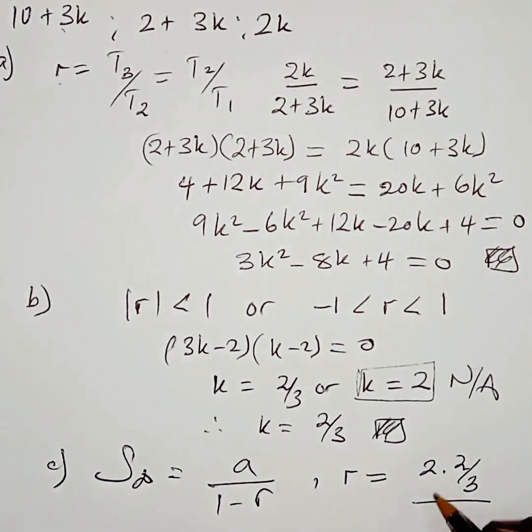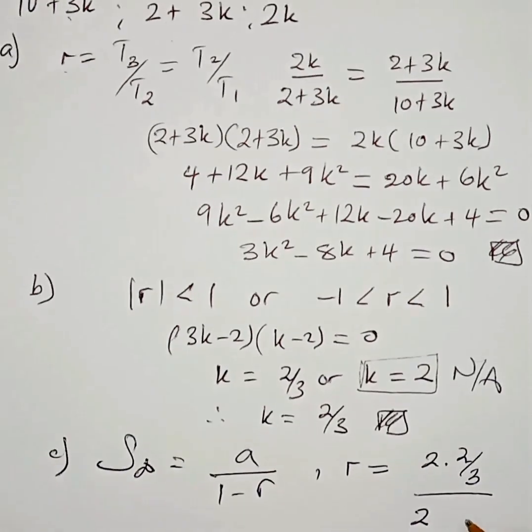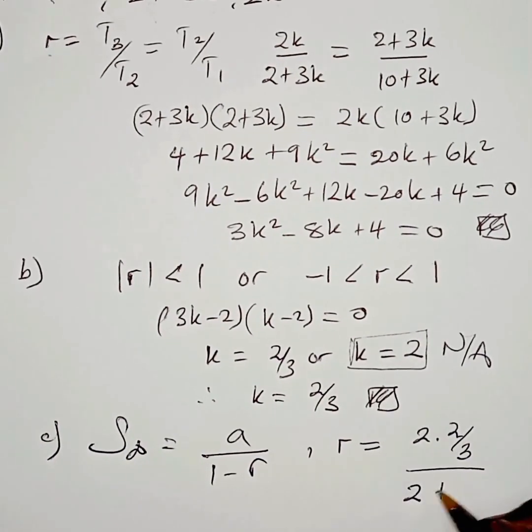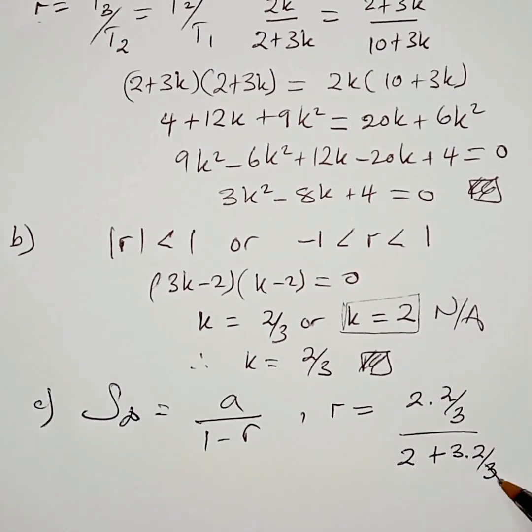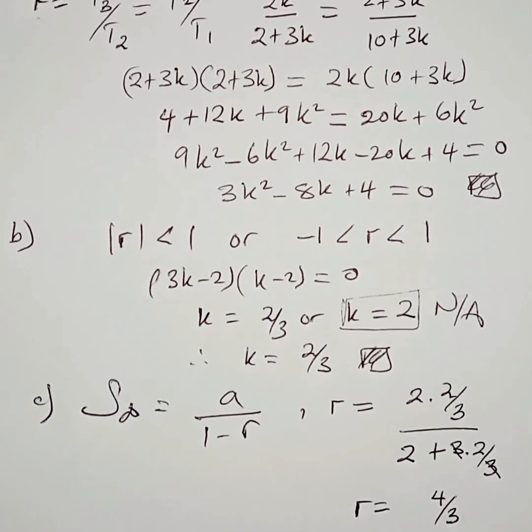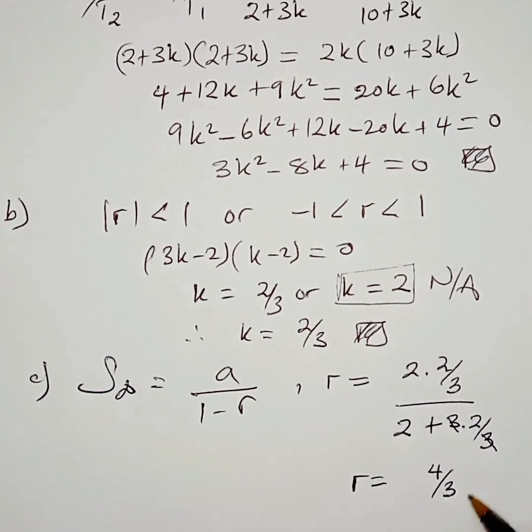So we're going to have 2 in the denominator plus 3k. 3 multiplied by 2 divided by 3. And that is going to give us, you see, this is going to cancel with that. So we're going to have r is equal to 4 divided by 3 divided by 2 plus 2.